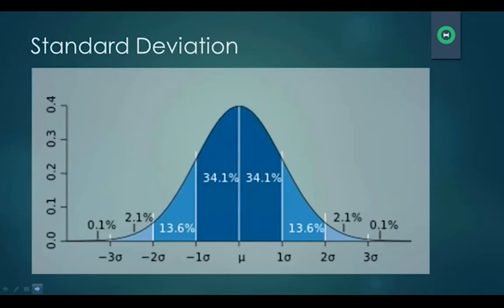Here's a chart of standard deviation. Let's say this is the current price of the SPX. Well, it's got a 68.2% chance of being within -1 or +1 standard deviation, and 95% within +2 or -2 standard deviations.